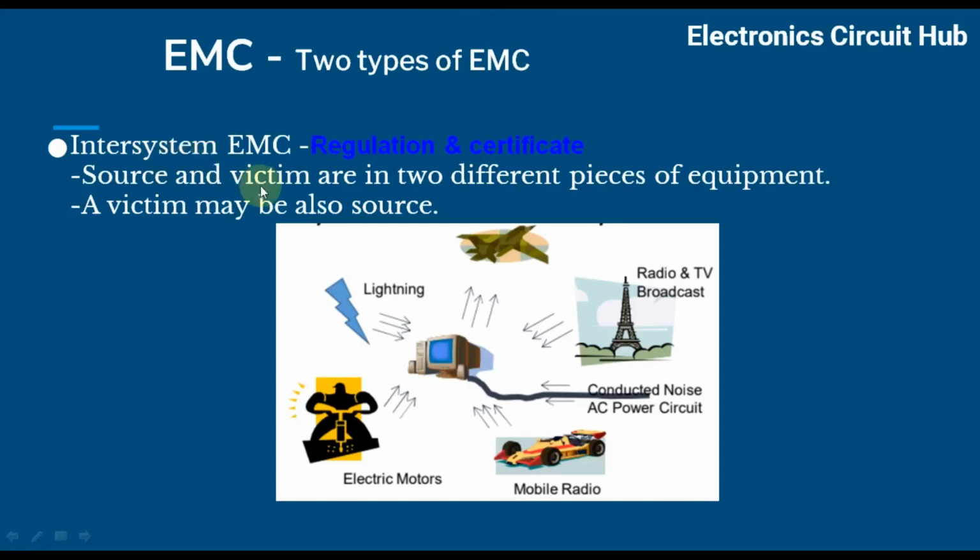Source and victim are in two different pieces of equipment, and a victim may also be a source. Your source could be electric motors, mobile radio, radio and TV broadcast, and it can also be a victim. So that is called inter-system EMC.